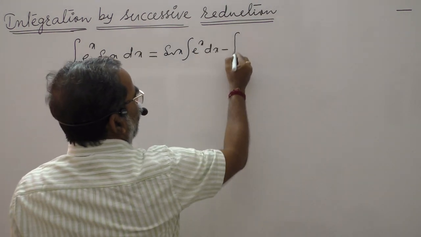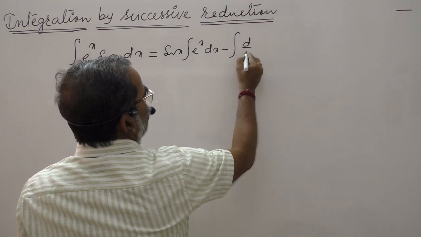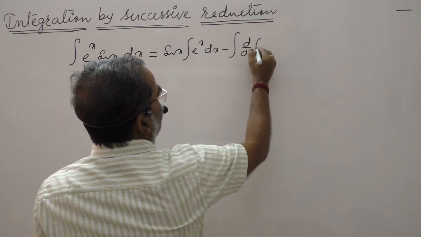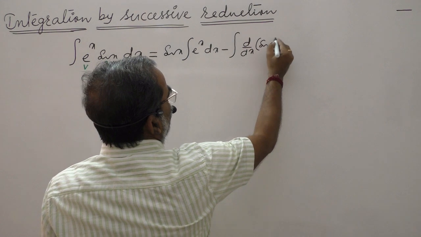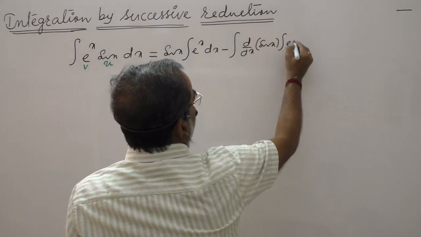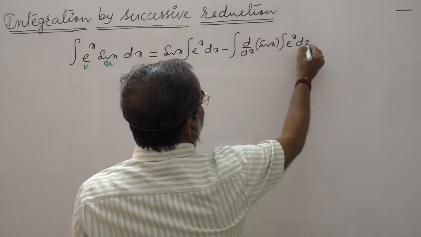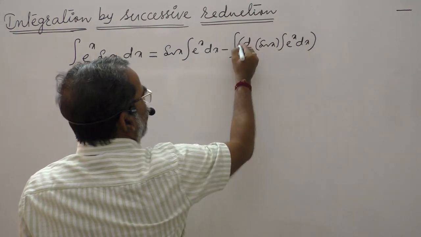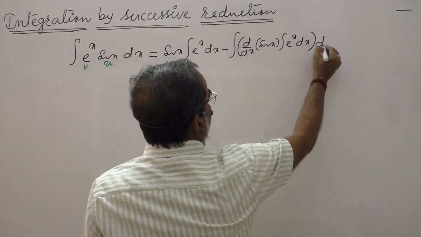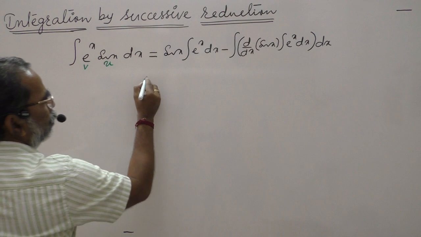Next, minus the integral of d by dx of u, that is sin x, into integral e power x dx, for the entire product once again we will have integration.